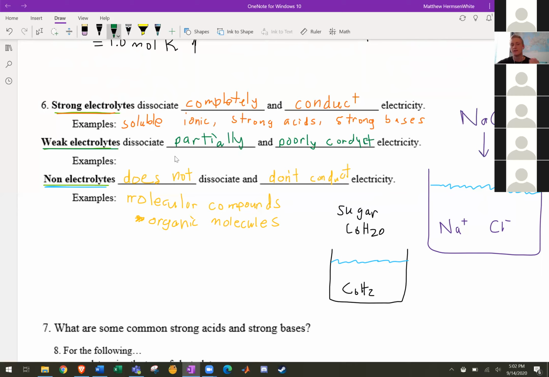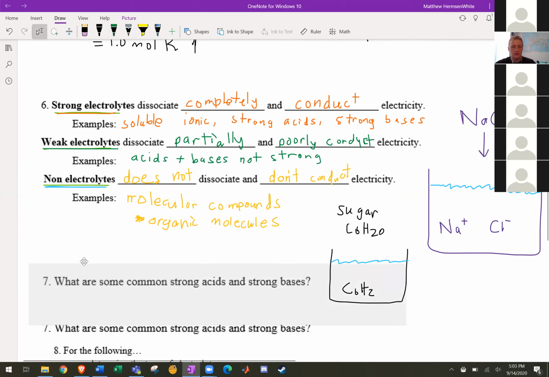It'll allow some electricity, but not very much. These compounds are acids and bases that are not strong. Again, this all relies on you understanding what strong acids and bases are, and we're going to talk about that in just a second with question number 7.